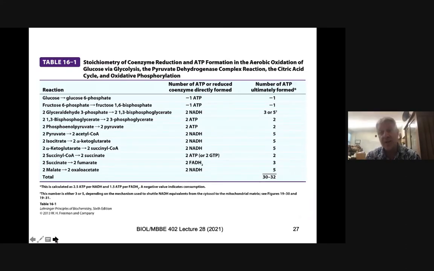In our biology textbooks, we might have seen a number in regards to what actually is produced in aerobic oxidation of a glucose moiety by the pyruvate dehydrogenase complex and its entry into the citric acid cycle, as well as another system called oxidative phosphorylation.